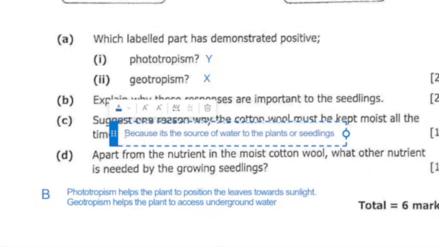That's why it should be kept moist, so that it continues providing water to the plants or seedlings.